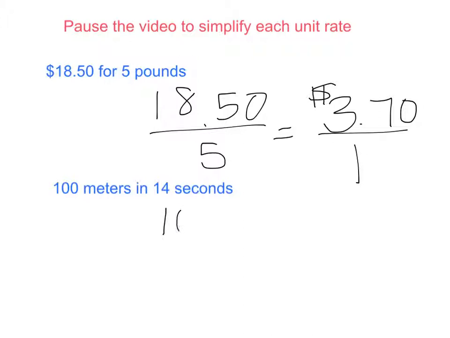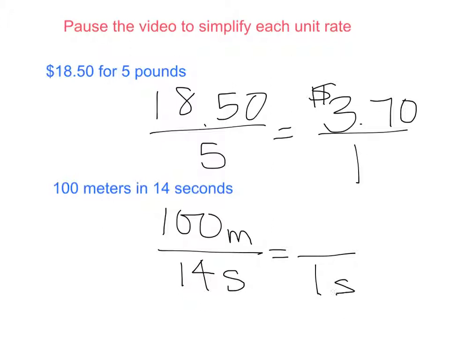The next example is 100 meters for 14 seconds. Again, you want it to equal 1 second, so you're going to divide top and bottom by 14, and we get 7.14 meters in 1 second.